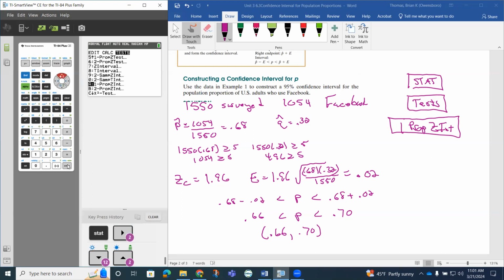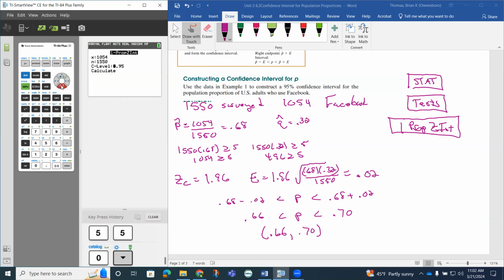If we do that, hit enter. Notice how it asks us for our sample successes, which was 1054, and then our sample size. Whoops, I did something wrong there. Stat, test, I'm going to use the shortcut alpha A. 1054, 1550.